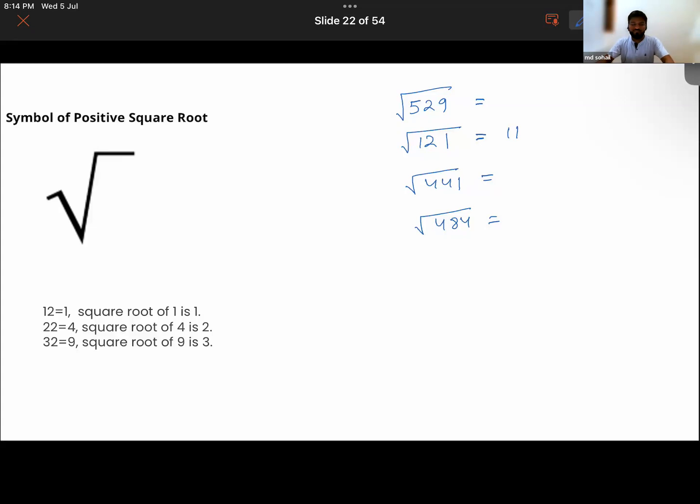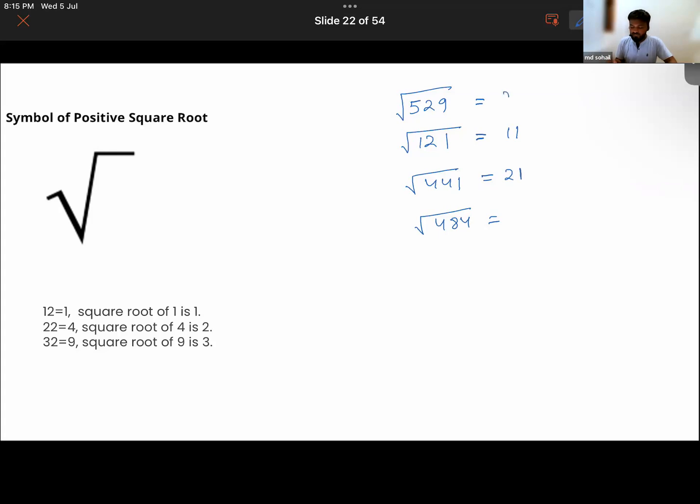Sir, 529 is 23 square. Yes, 23 square. Okay. Solve the next one. So the third one is 21 square. 21.